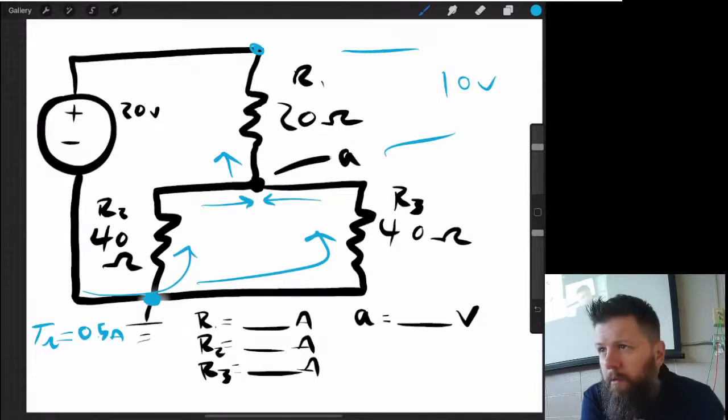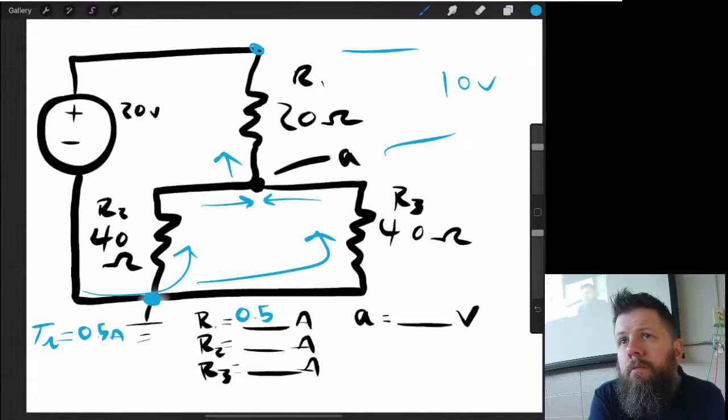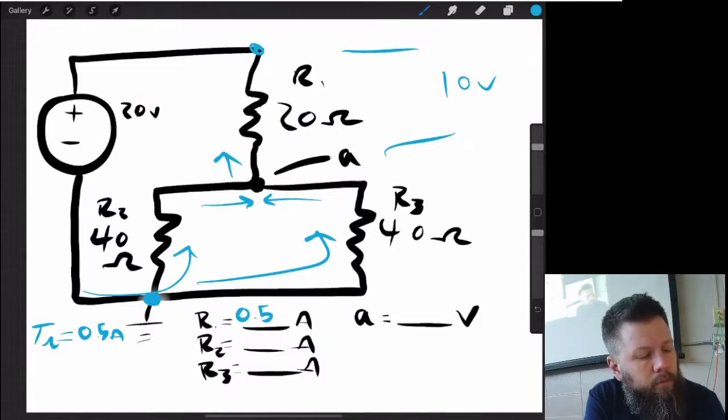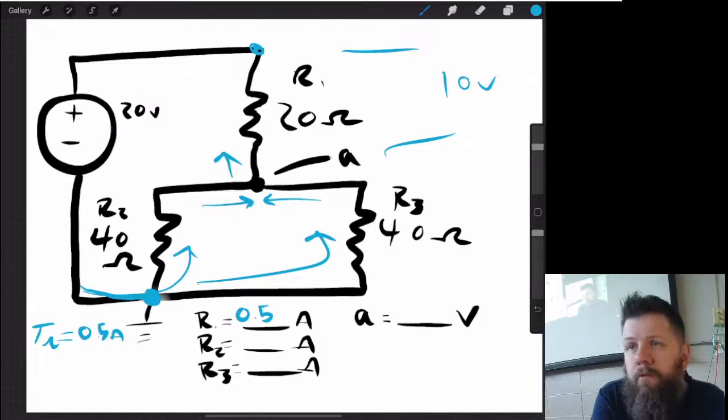So the total current is going to equal the current that's going through that first resistor, isn't it? Total current came here, and it's got two places it can go, and then it meets back in the middle, and it has to squeeze through that one resistor.